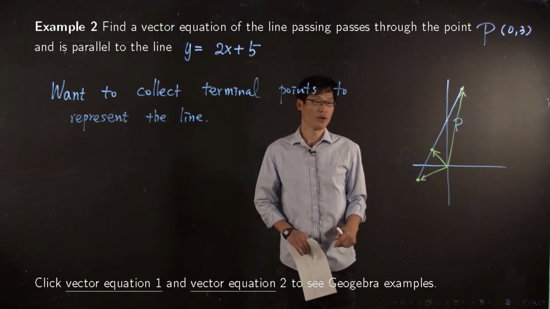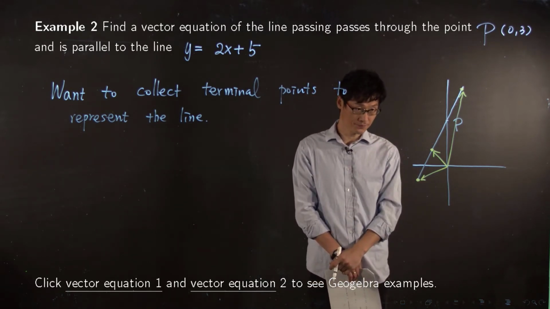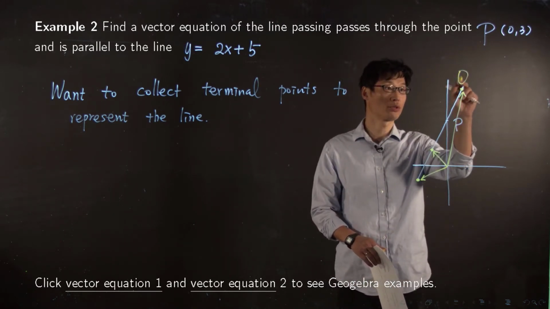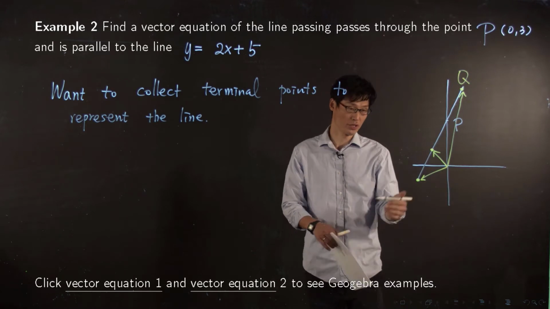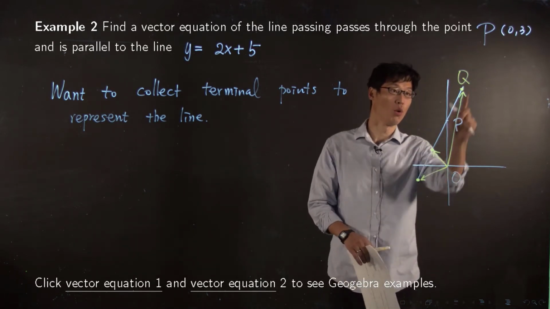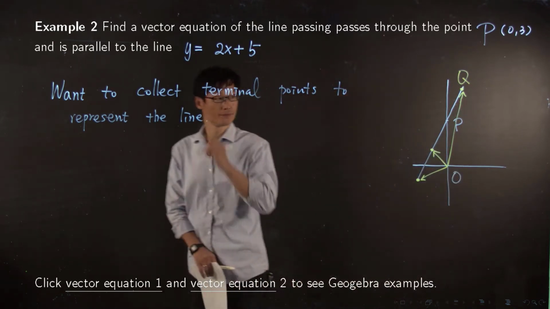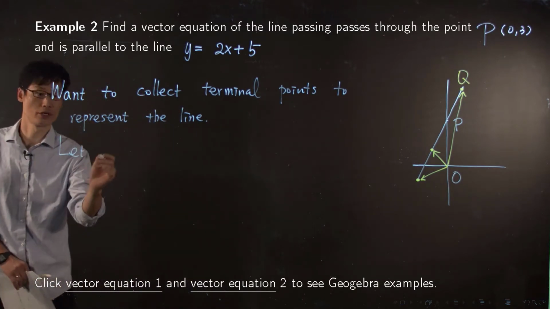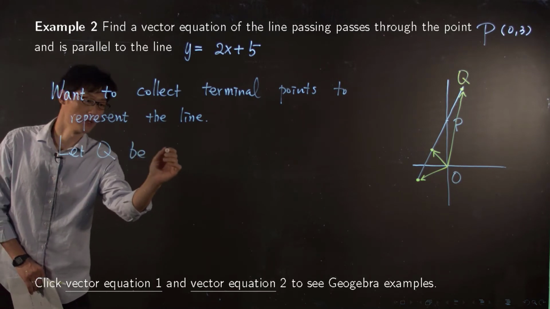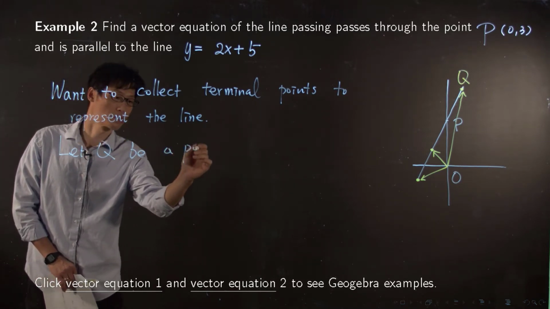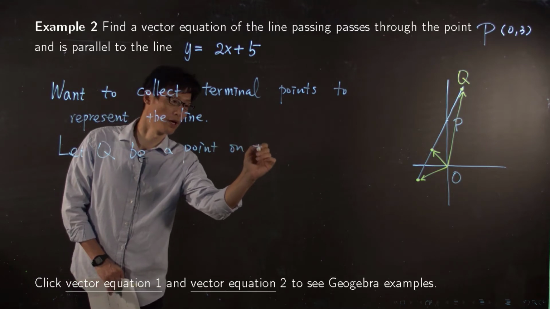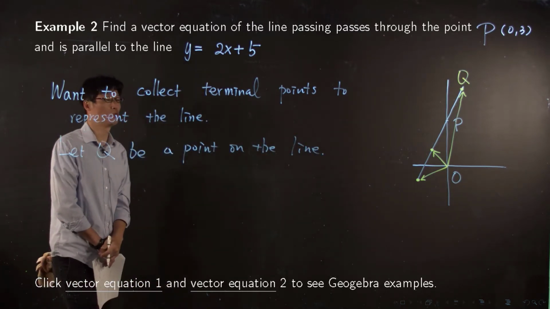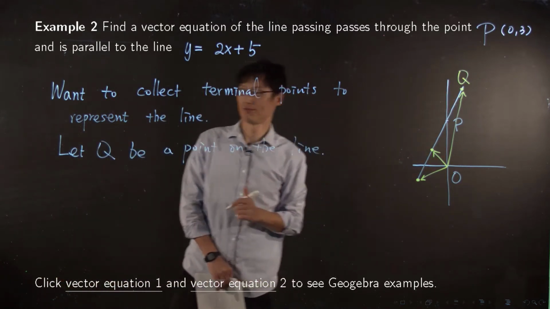Okay, so say we pick any point Q on the line, then we are interested in vector OQ.